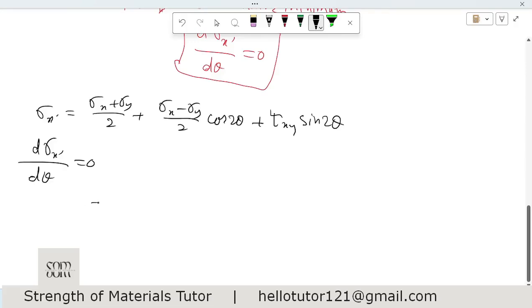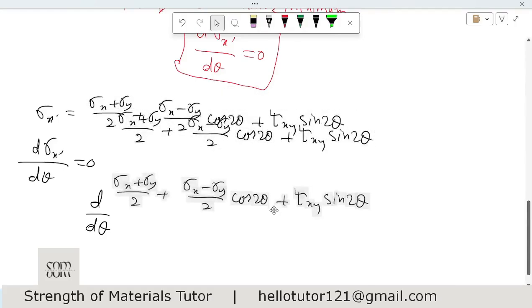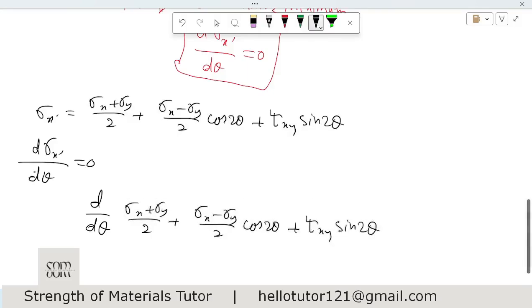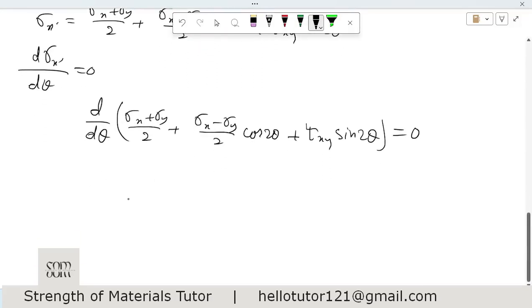So d by d theta of all of this, let me just copy and paste it. All of this has to be 0. Now it will distribute to each term. The differentiation of the first term, because it is only a constant, is 0.